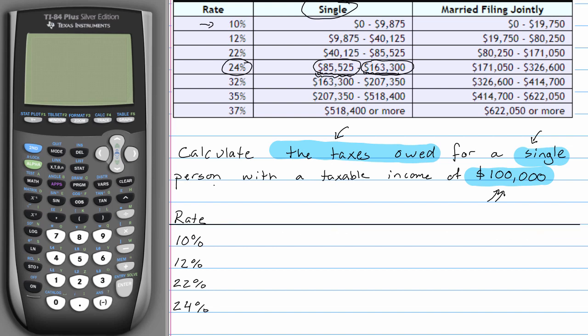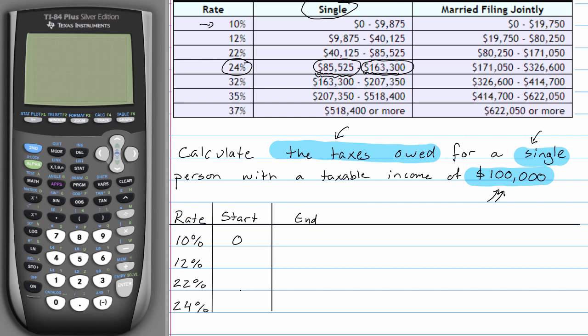I'm going to make a table here to organize my work. Well, the 10% tax rate starts to apply from $0, right?